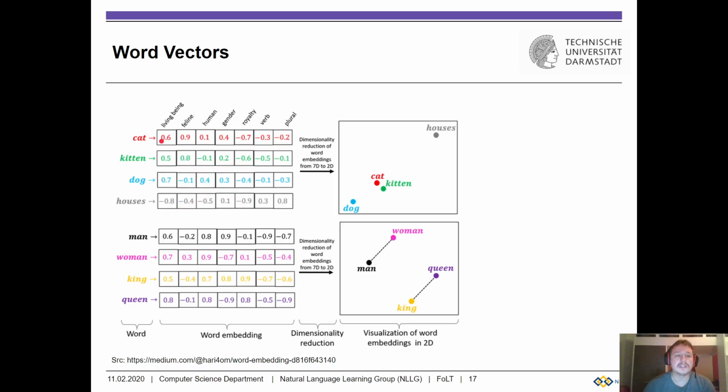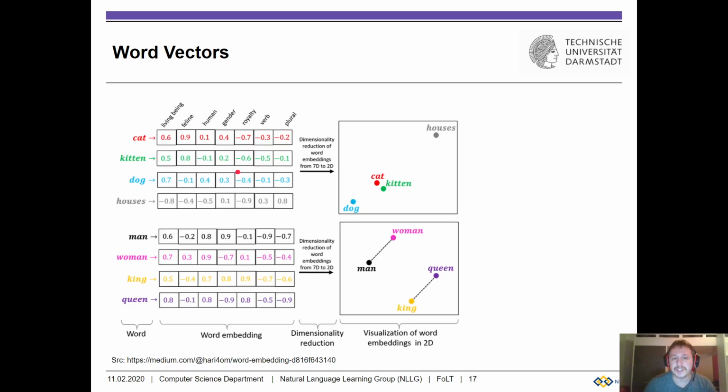Now, in reality, those vectors are usually of length or of size, let's say 300. In our toy example here, the size is exactly 1, 2, 3, 4, 5, 6, 7. So in this toy example, they are 7-dimensional. So basically what this means is that we have all our words in a 7-dimensional space or in a 300-dimensional space.